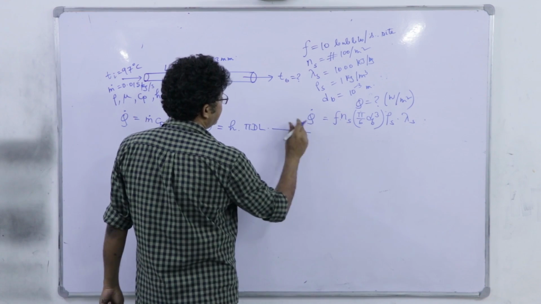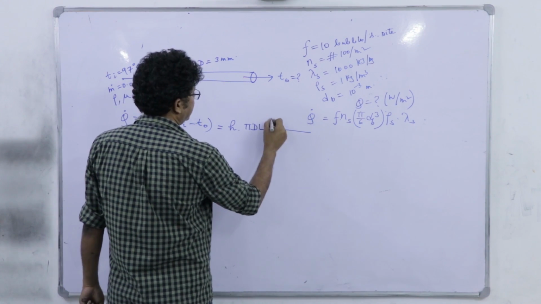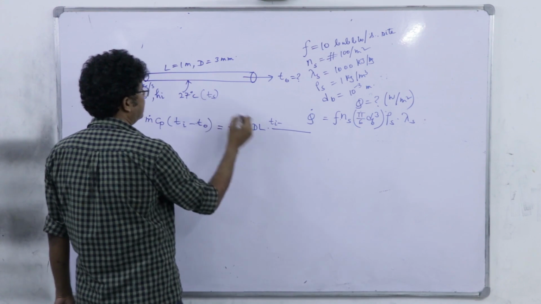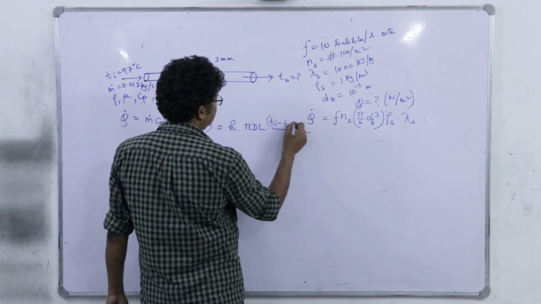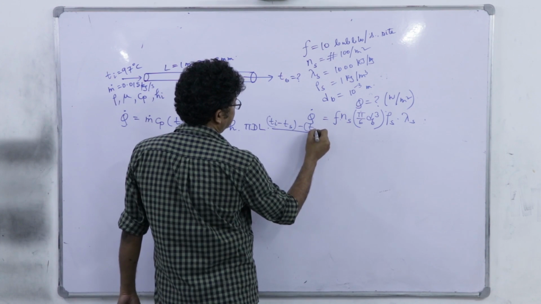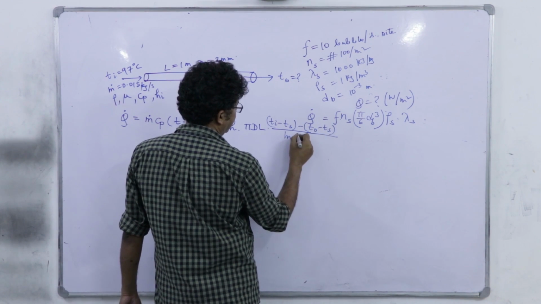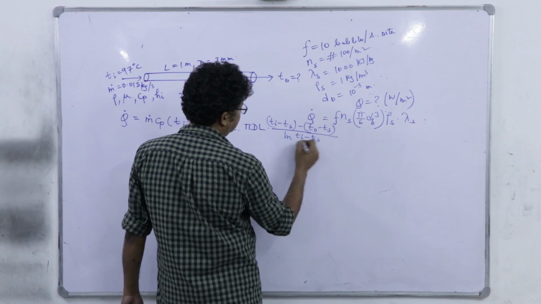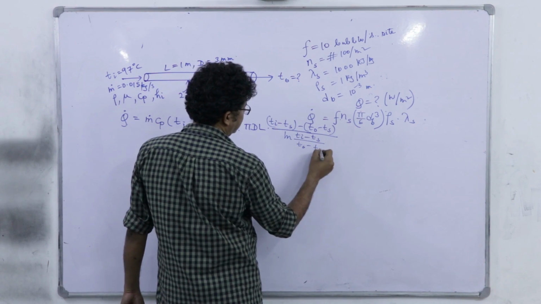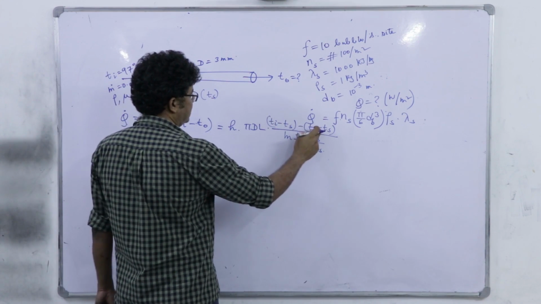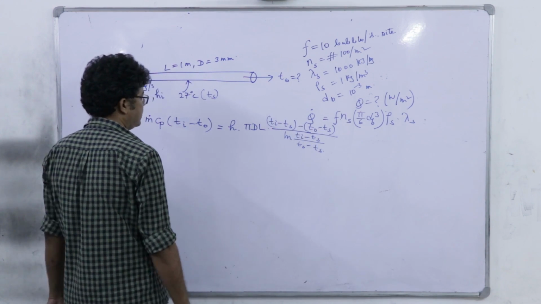So the LMTD expression will be, let us say the surface temperature is Ts, Ti minus Ts minus To minus Ts, divided by ln of Ti minus Ts divided by To minus Ts. So here it is going to give you Ti minus To, right.